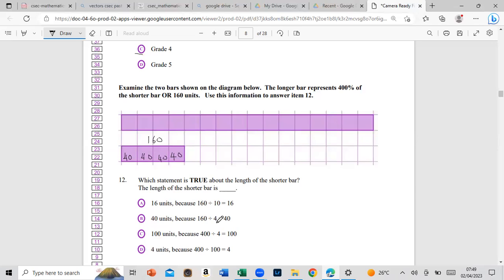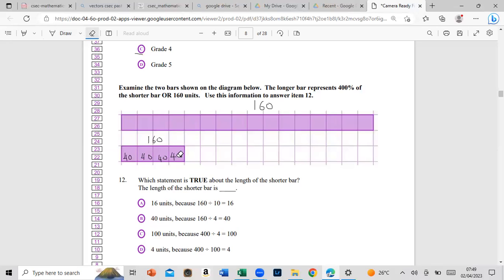This statement is true about the length of the shorter bar. Is it C, 100 units? Oh, this represents 160, not the shorter bar.